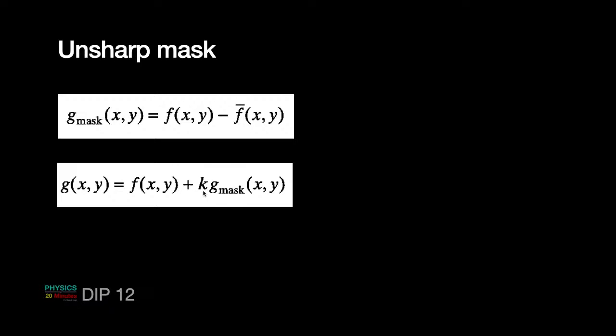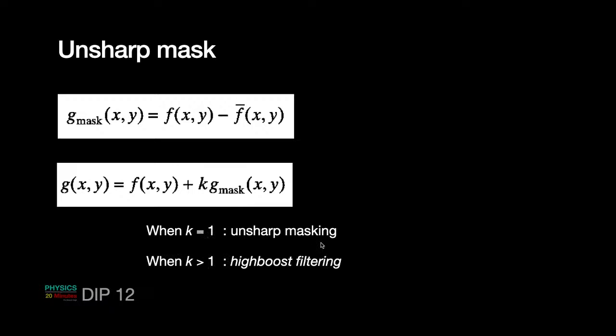So if k is 1, you just add it straight away. If k is more than 1, then you increase the weightage of the mask. If k is less than 1, then you decrease the weightage of the mask. If k is 1, it is normally referred to as unsharp masking. If k is greater than 1, then it is called high boost filtering.